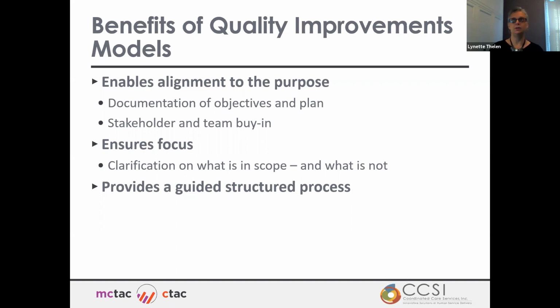So sometimes it feels like there's just so much that you can change. And when you define what you're doing within these quality improvement models, it really lets you hone in on what are we going to do, what are we going to impact, and what is not going to be impacted right now. At the end of the day, it's a guided structured process, so there's really some benefit to it.